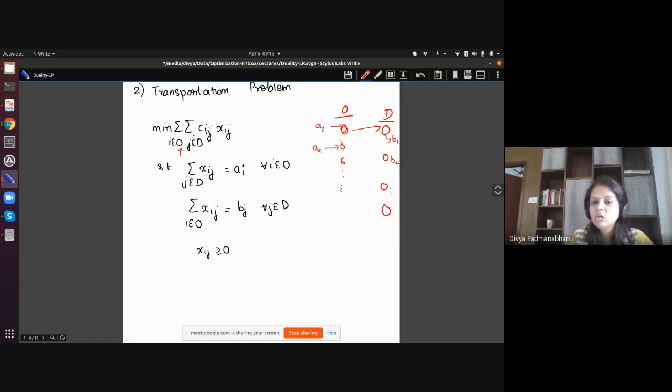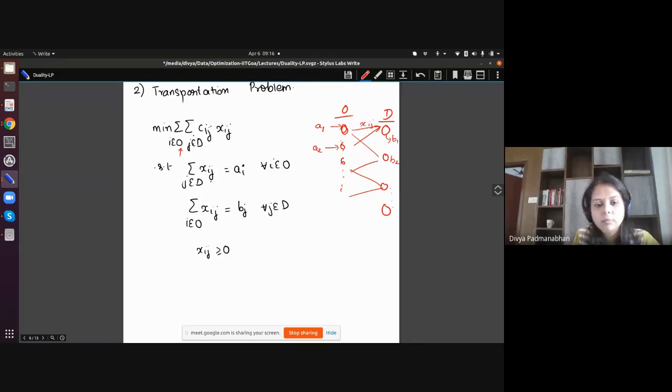You want to ensure that you send items so that all these demands are met, and you don't want to produce more quantity at the origins, so you exactly send ai amount. These are the constraints. xij is how much you send from i to j.